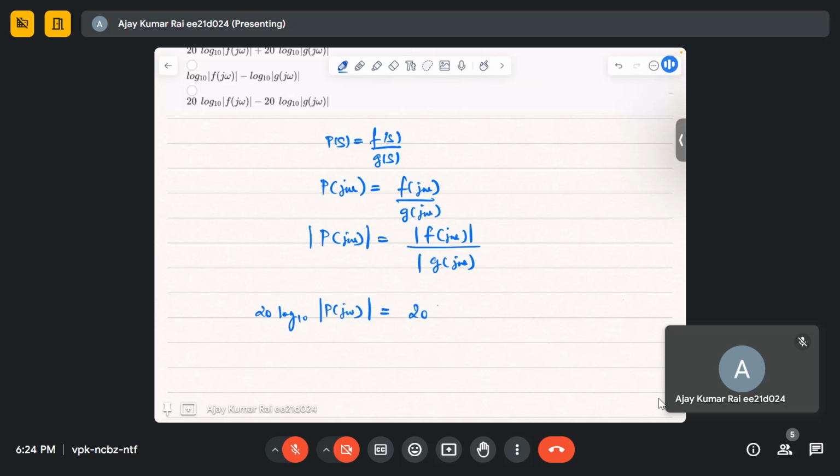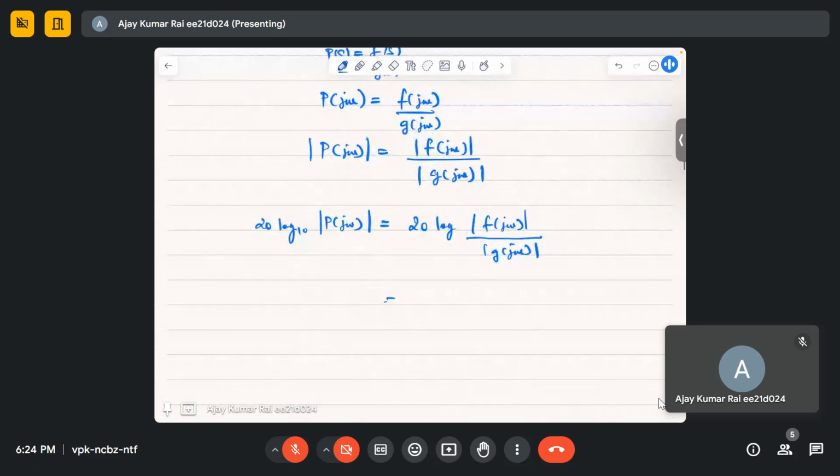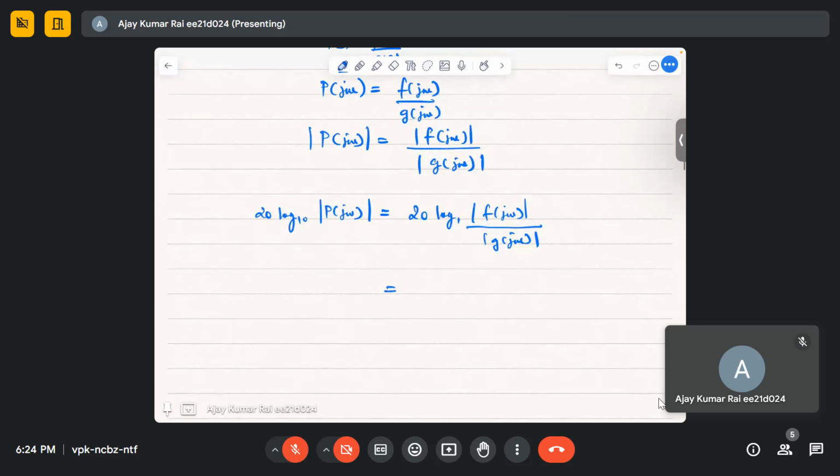If you take log of this, how can this be represented, because this is log, right? So 20 log of 10 j omega, minus 20 log of 10 G of j omega.